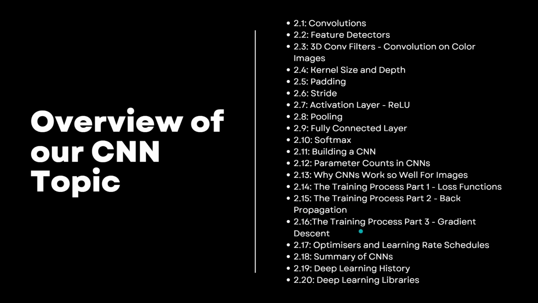And then we take a look at some advanced things, like optimizers and the learning rate schedulers. And then we do a summary of CNNs in the end, and a sort of deep learning history and deep learning libraries.